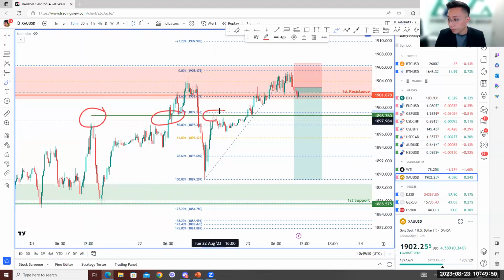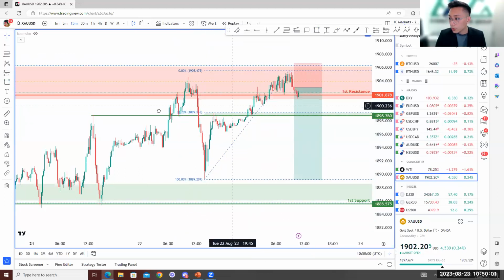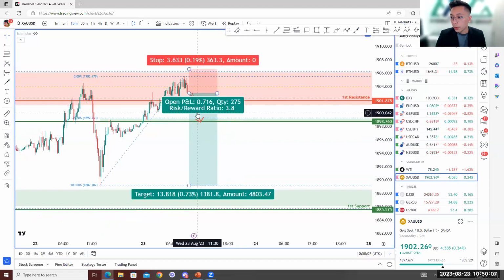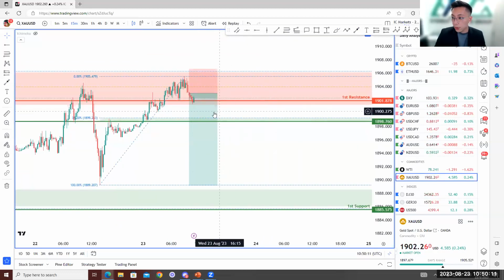You can see this overlap support level, price has touched it multiple times. So you'll highlight it and filter out the 38.2%. So once price comes down, right, shift your stops to break even, okay? So this is how you manage your trade.